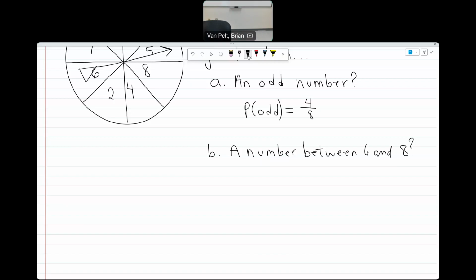Between 6 and 8, so this is the probability of getting either a 6, a 7, or an 8. So we have 3 out of 8 total for that.